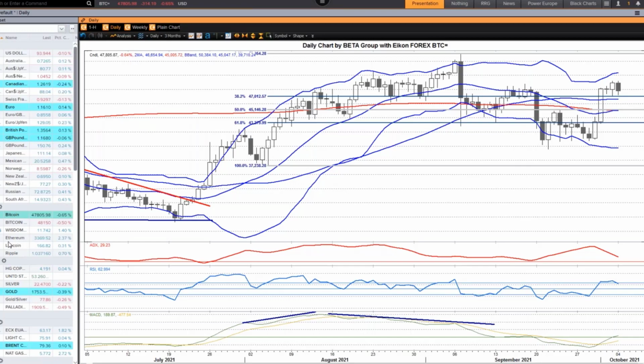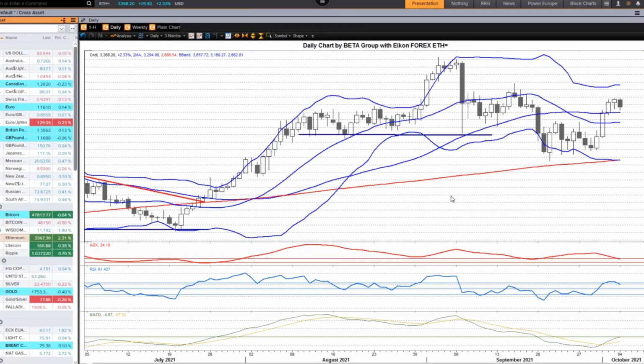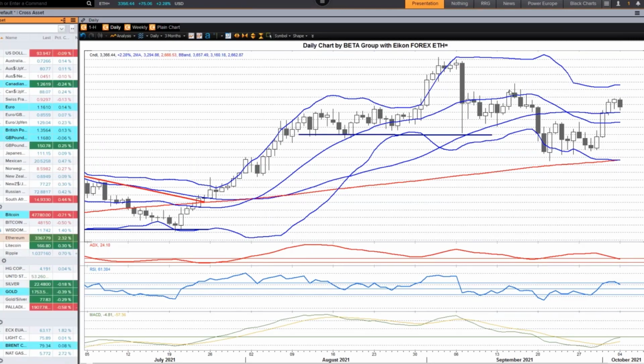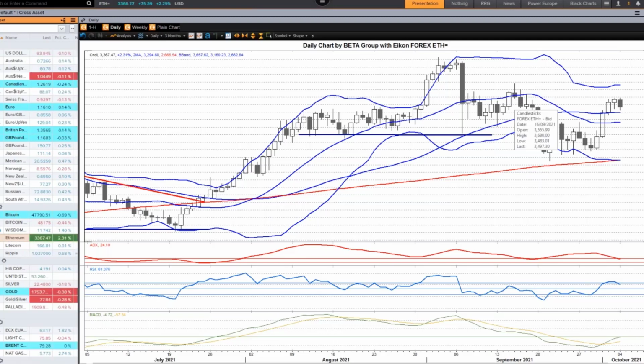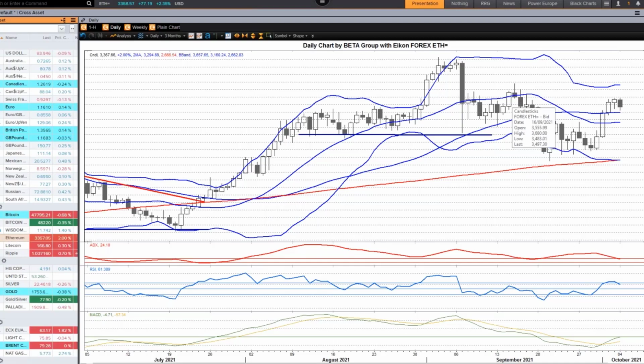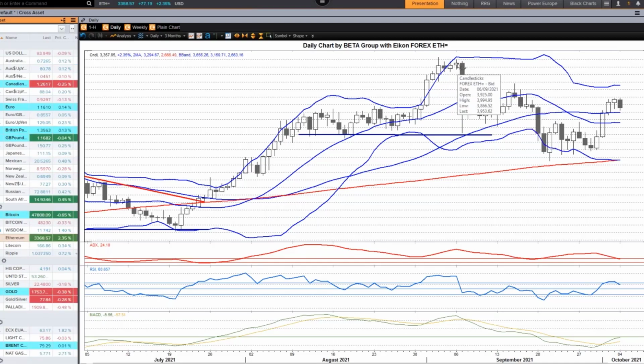Not so true of Ethereum, and less true also of Litecoin. Ethereum has got more resistance above it than Bitcoin has, but if it can clear the resistance at 3,000, and the 3,680 high, then we can have a clear shot at these important highs here at 3,900, let's call it 4,000 here.